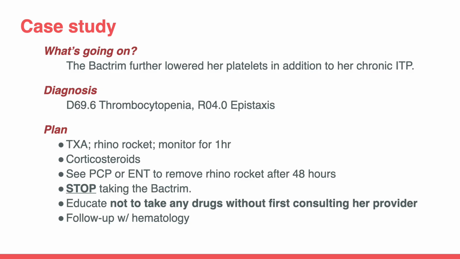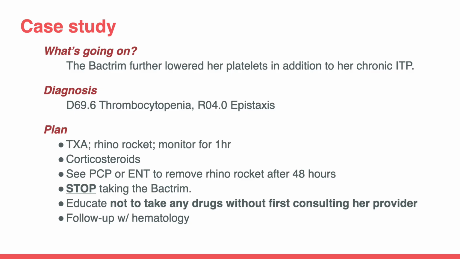As far as the plan goes, I mean, we got to do our ABCs, so airway's fine, breathing's fine, so we got to look at circulation. So we're going to stop that bleed because we want to make sure circulation doesn't get mucked up.